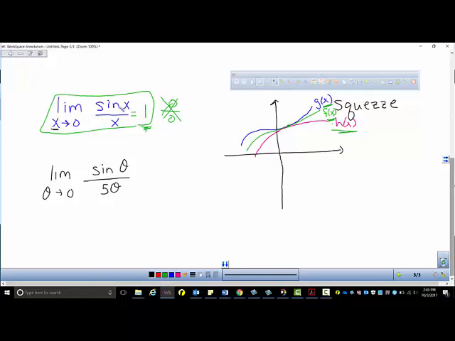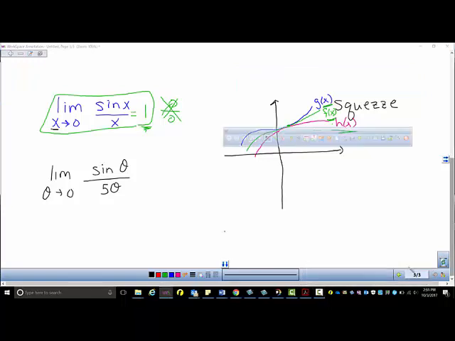So if I look at this, I know that the sine of x over x equals 1, but that's not what this says here. But what I can do is factor out this 5. I don't have anything in the numerator, so that's actually saying 1/5 to keep the 5 in the denominator, times the sine of theta over theta.